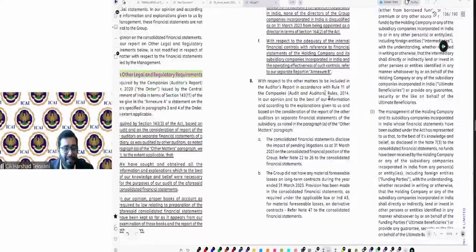Again, matters enumerated in Rule 11 of the Companies (Audit and Auditors) Rules, 2014, and they have reported on that also accordingly.